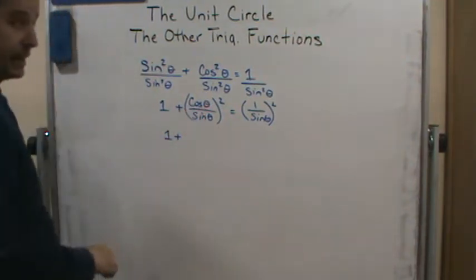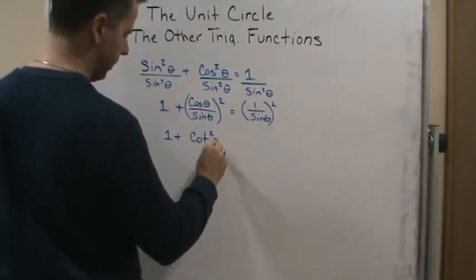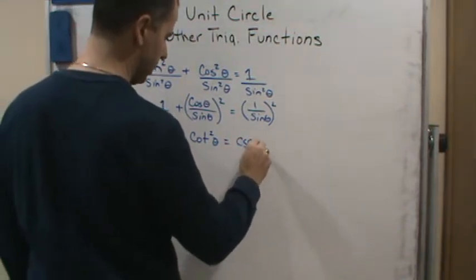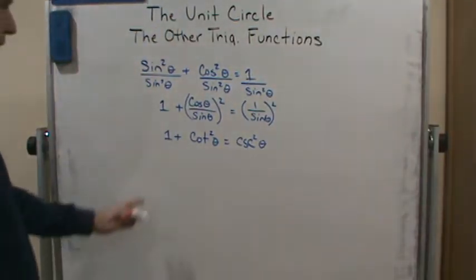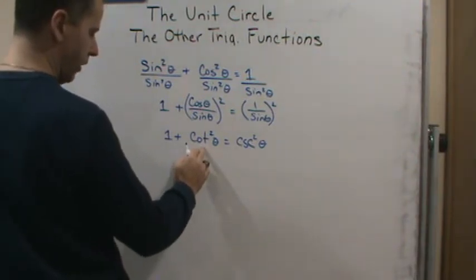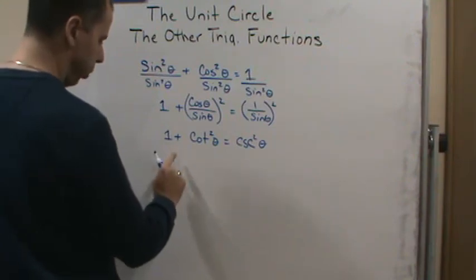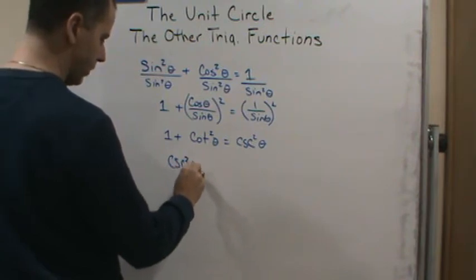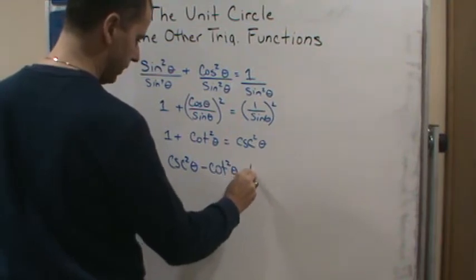Well, cosine over sine is cotangent, so this becomes cotangent squared theta. And 1 over sine is cosecant, so this becomes cosecant squared theta. Now I can rewrite this as follows. I can subtract cotangent squared theta from both sides and I get my identity: cosecant squared theta minus cotangent squared theta equals 1.